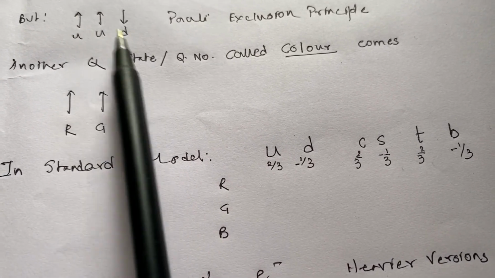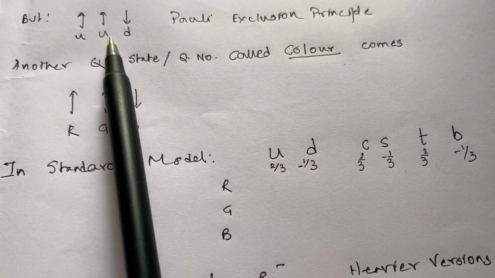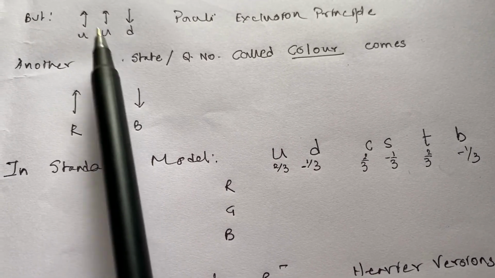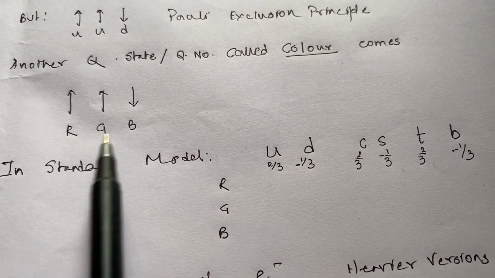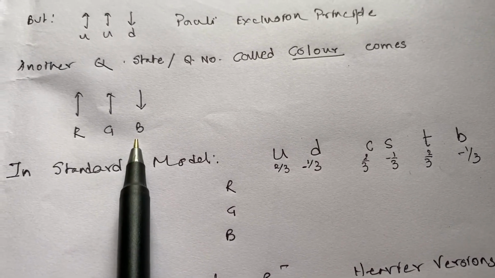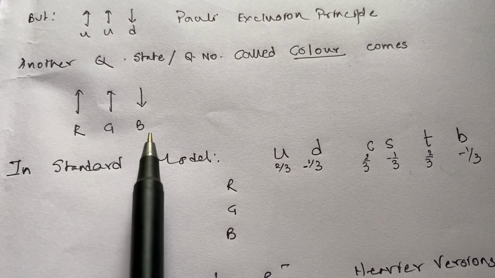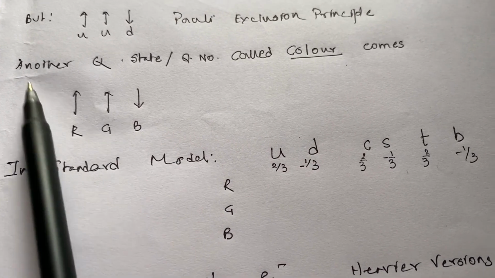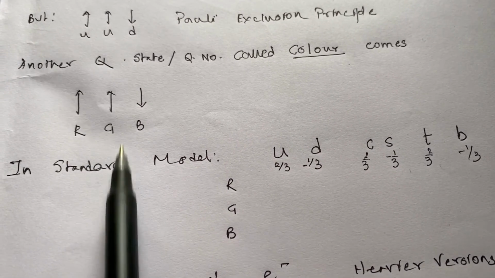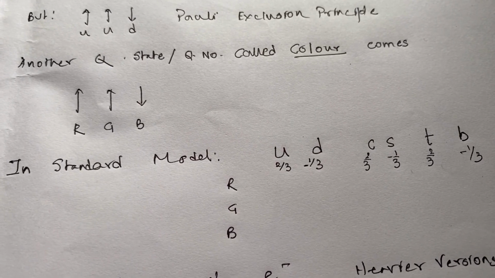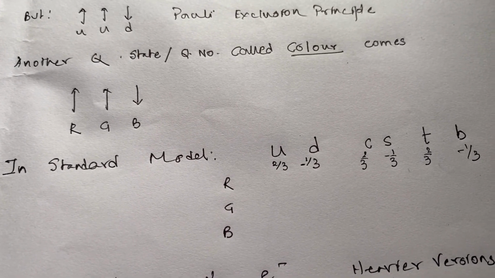And though this up and this up are both up quarks, they have a difference in this color charge quantum number, or simply color quantum number. That's why these two up quarks can reside inside a proton. That is the concept of color quantum number.